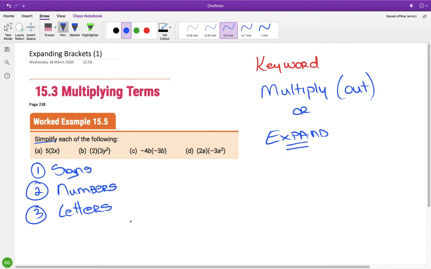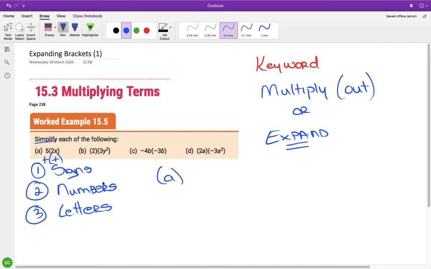Do signs, numbers, letters. If we take A there, the 5, if it has no sign, means it has a plus. The 2 also has no sign, so that means it's a plus. So what we have here is a plus multiplied by a plus, and when the signs are the same, we know our answer is a plus. Usually we don't write that plus, it's implied.